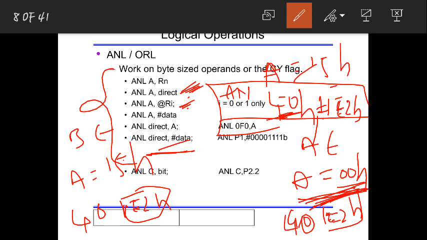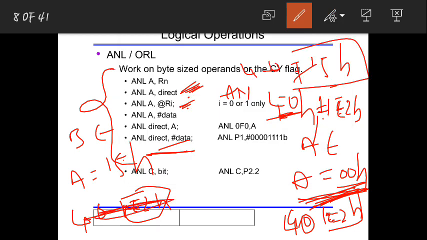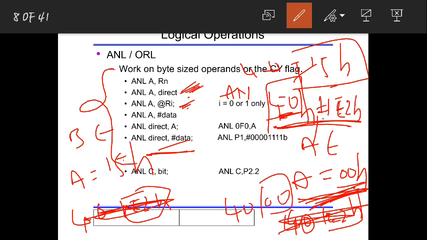And here, instead of A, you take this 40, which is having 15 now. Once you take that, after ANDing both, the destination you have is 40, right? So in 40 the result 00 will be there after execution. 40 will be equal to 00H after execution. Okay, is that fine?